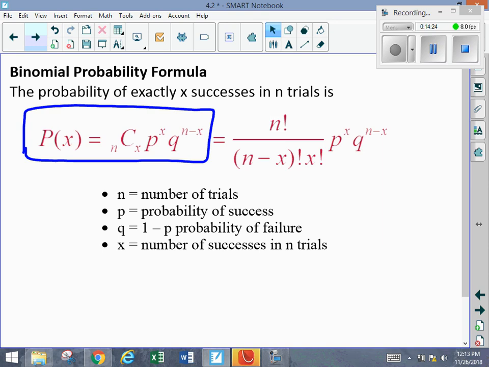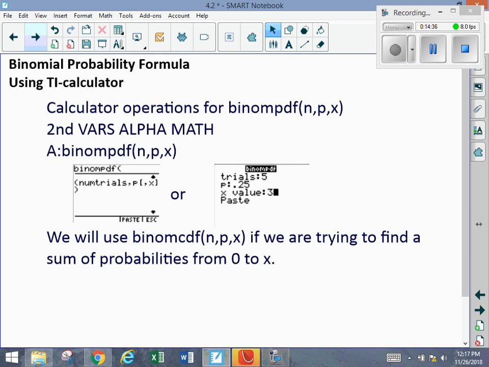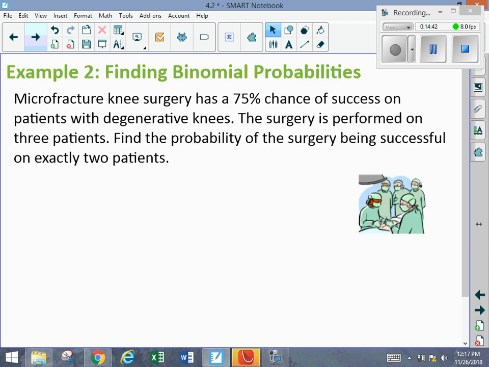So it's good to see the formula, but we're going to have our calculator do it. Alright, so we're going to use the TI-Nspire to do this, and I'll show you how to do it.